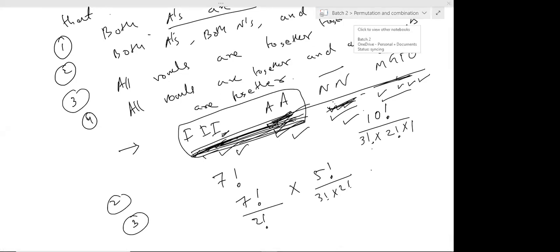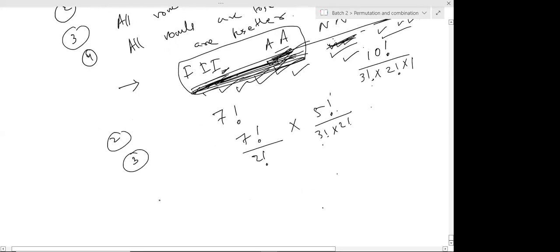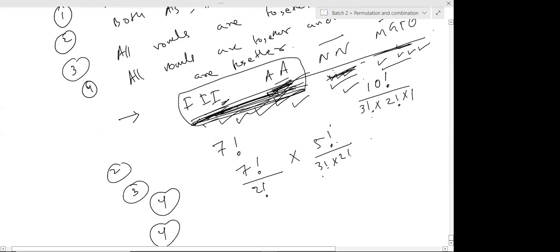In this bundle itself, 3 i's and 2 a's, so 5 factorial divided by 3 factorial into 2 factorial. Fourth part, in the fourth part it says, oh wait, I forgot the O here. This is also a vowel. This is the wrong answer.